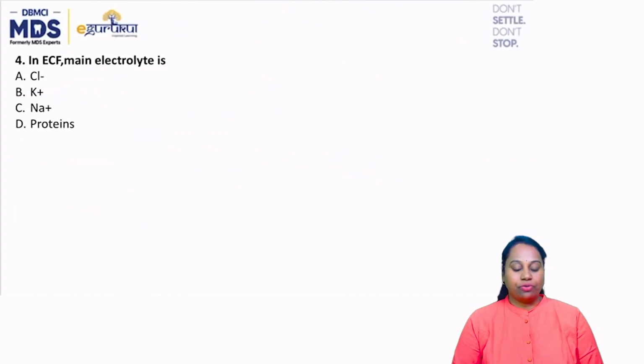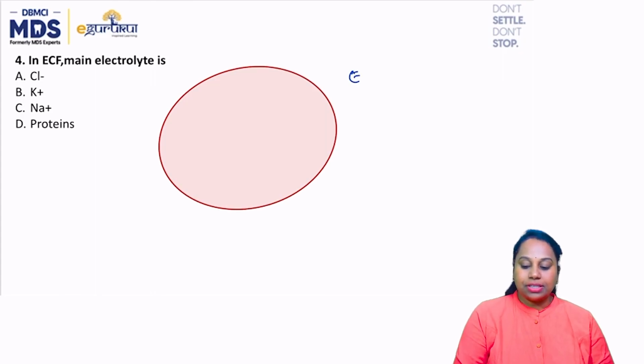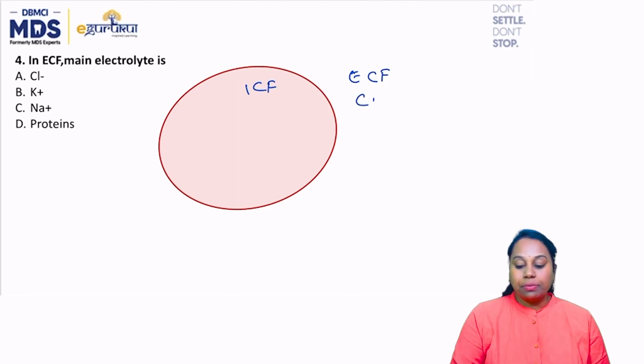Over to question number 4. In ECF, extracellular fluid, the main electrolyte is, so the question is about the composition of ECF. If this is extracellular fluid and this is intracellular fluid, the major cation in ECF is Na plus, sodium.